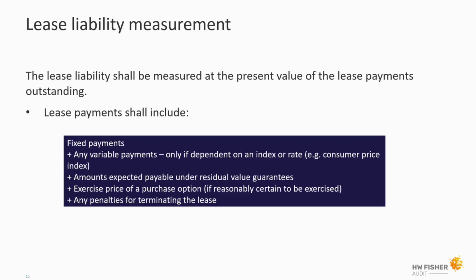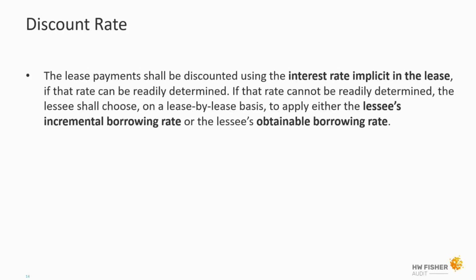When you're putting that paper together for the board, for the auditors, it's working through this and having that statement: these are the fixed payments, there are no variable payments to be included. Those are the considerations, documenting what you think in your review, but it is worth going back into those lease agreements just to make sure.